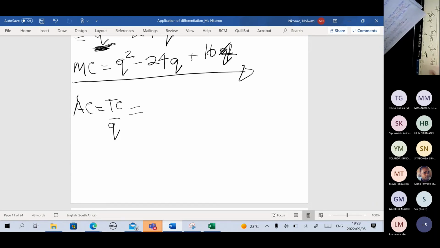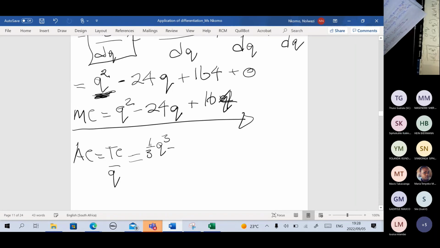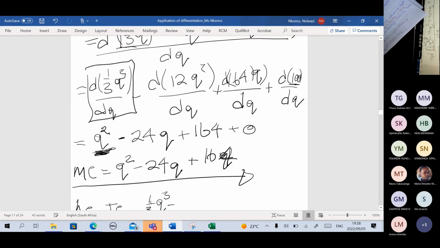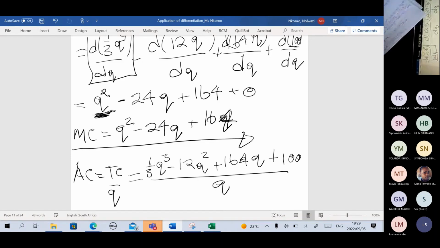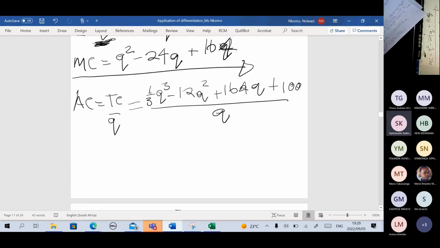And our total cost was 1/3 Q cubed minus 12Q squared plus 164Q plus 100.